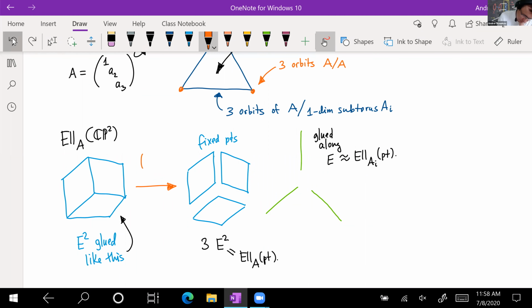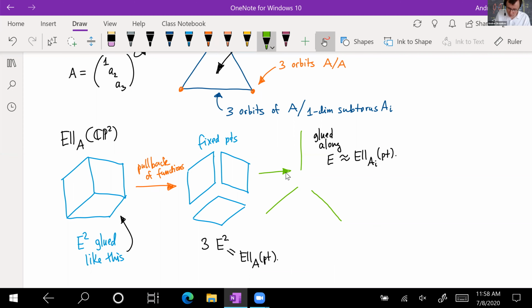Pullback of functions, they go this way, and then the next step, you have to get things that glue along the one-dimensional thing. So they go here.